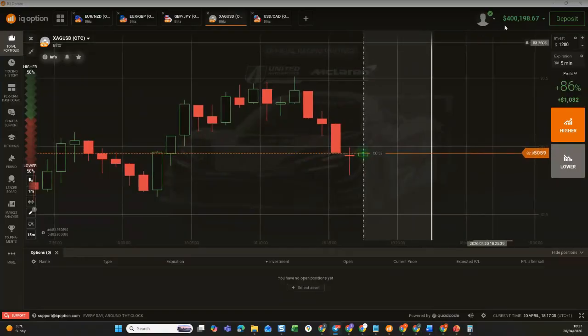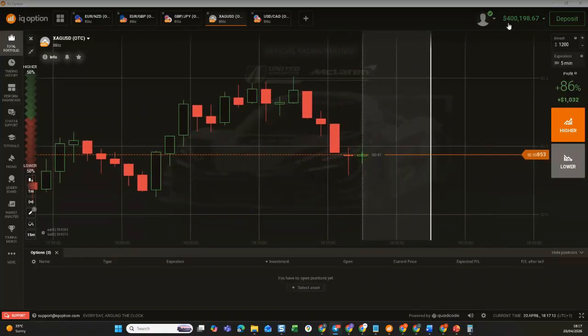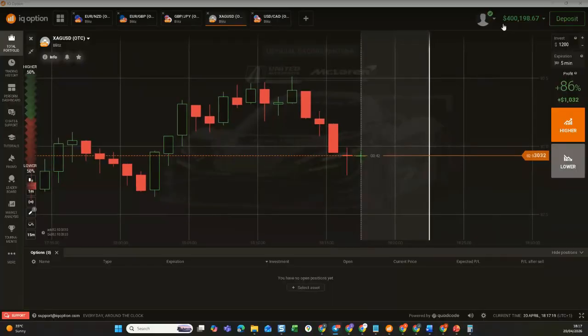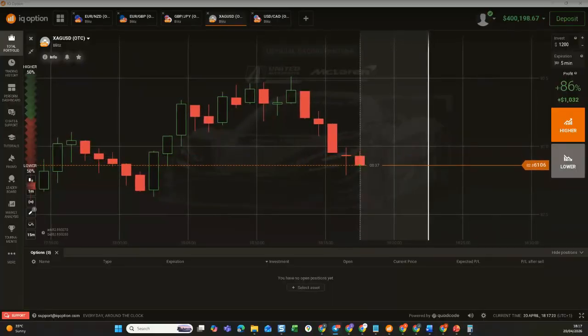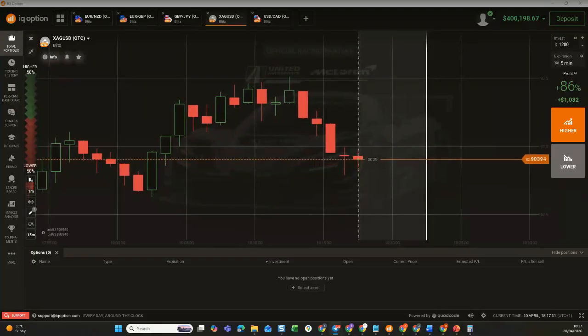So if I leave this till tomorrow, my 10% daily drawdown means I'll be losing a total of 40,000. If I remove my 40,000, that means I would be at 360, if I'm not mistaken.